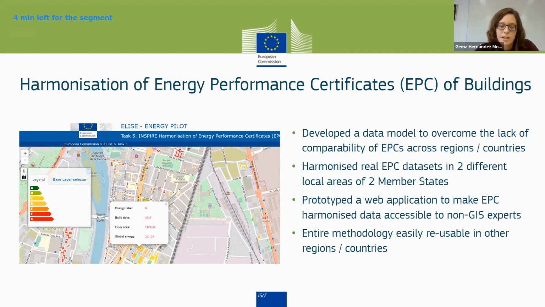This has been done in 2 specific local areas of 2 member states, in particular in Italy and in Spain. And also, as you can see in the figure, we have prototyped a web application to make EPCs harmonized data accessible to non-GIS experts.